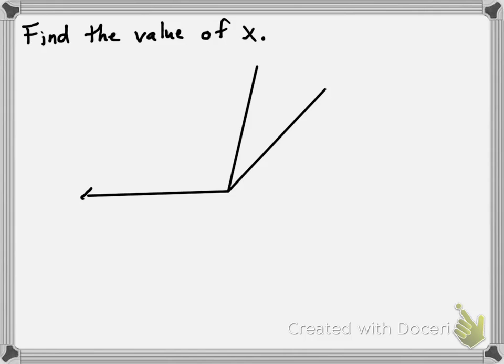All right, last one. This one's kind of hard though. This one actually brings some algebra into the angles. It's very similar to the last question though. I have adjacent angles, but this time my angles are x degrees and 2x plus 23 degrees.